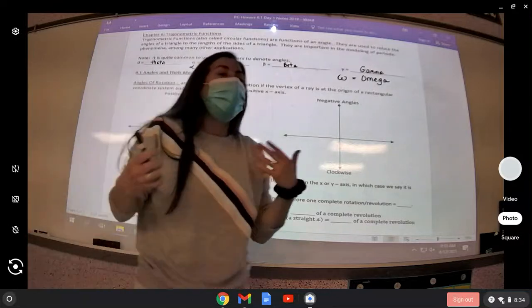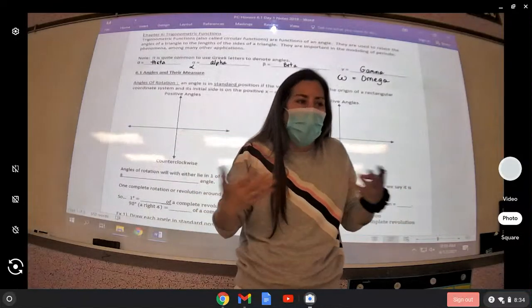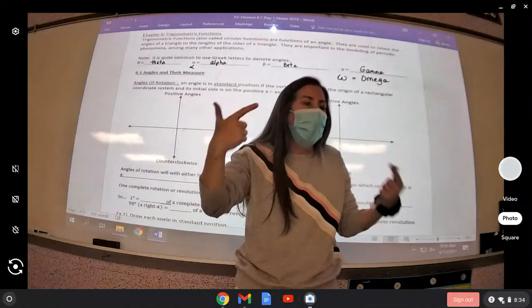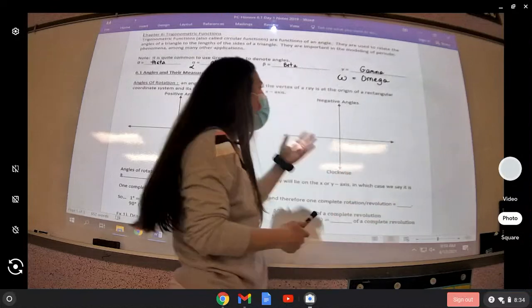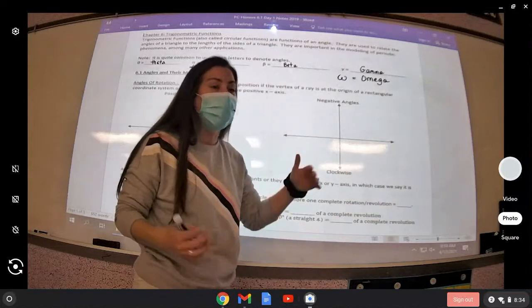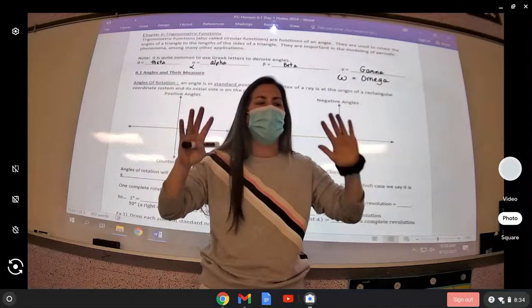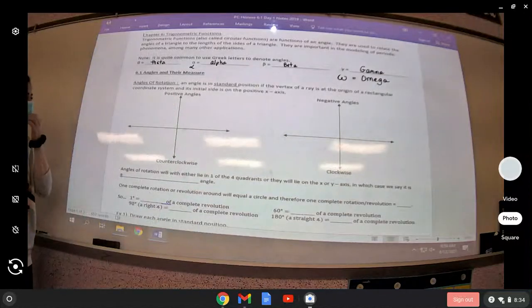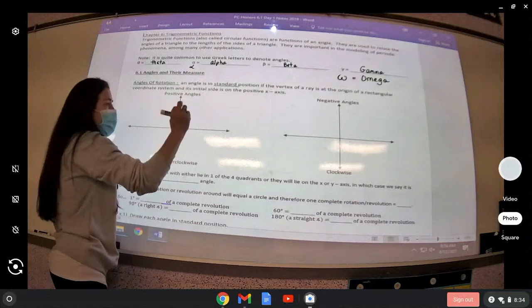Right now, trigonometry is all based off of a right triangle. Well, all right triangles have a 90-degree angle and two acute angles, so all the angles inside of a right triangle are less than 90 degrees. By taking it to the coordinate plane, we're going to be able to fit any angle into a right triangle, technically, all right?